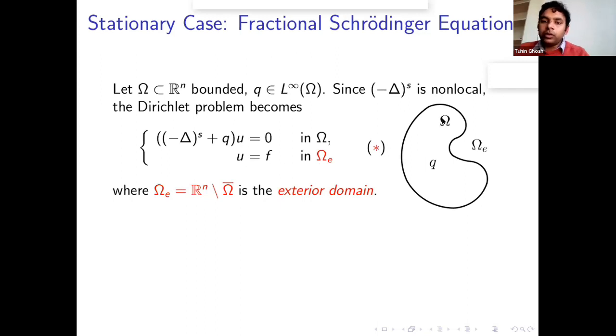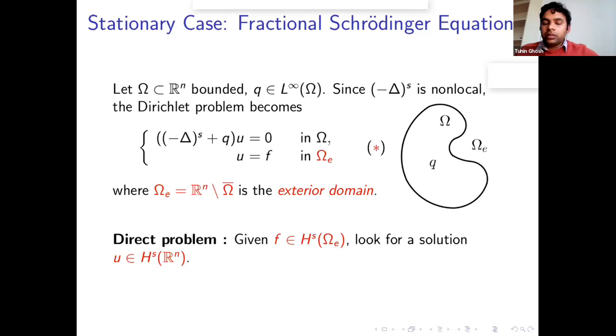This is your domain Omega, q is defined here in Omega, and in Omega_e you have this Dirichlet value at the source. Then you want to solve for u in some suitable space. You want to define what would be the Cauchy data and the relevant inverse problem, so that from that information you want to determine q uniquely, or if you can't, then make a case for it.